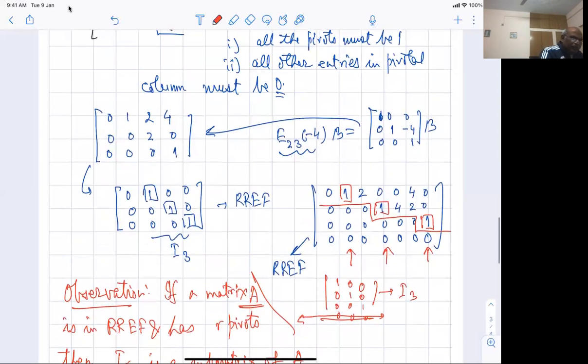For example, if I look at this matrix again, it is not in RREF. Why? Because this is not 0, this is not 0, this should be 1, and so on.